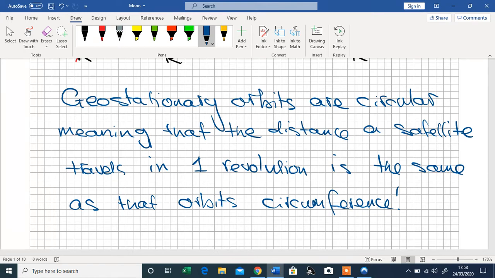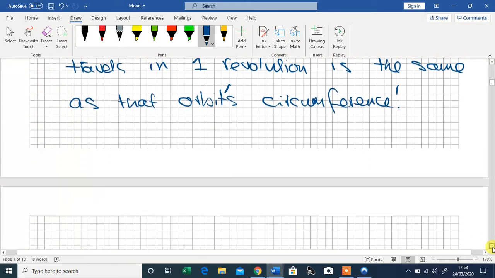Right, so geostationary orbits are circular, meaning that the distance a satellite travels in one revolution is the same as that orbit's circumference. So what is the circumference of the orbit?